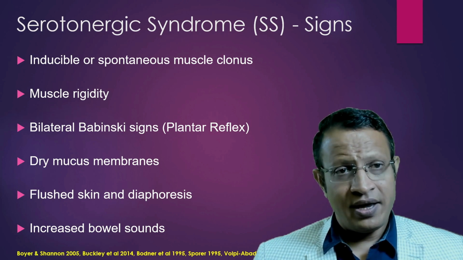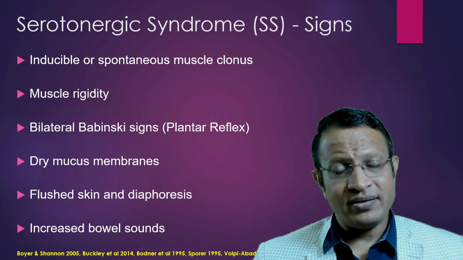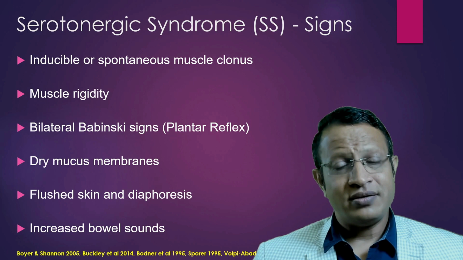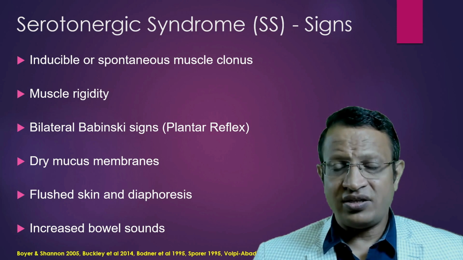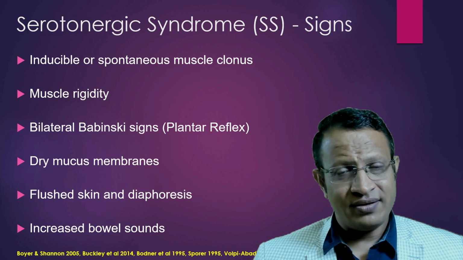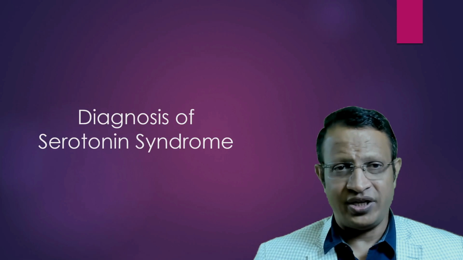Also muscle rigidity, bilateral Babinski sign positive, that is bilateral plantar reflex positive, dry mucous membranes, flushed skin, and diaphoresis. Increased bowel sounds. At the same time, you'll find nausea and vomiting in the patient.